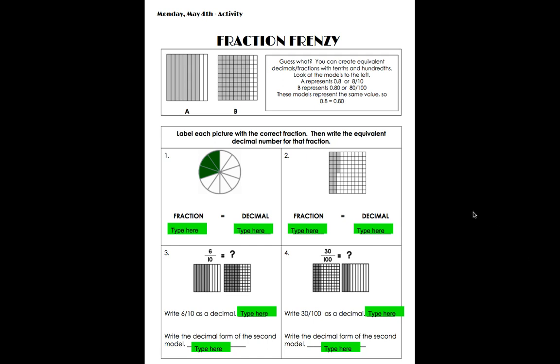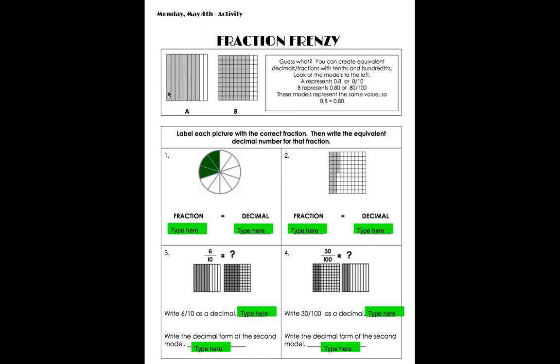Okay, now look at the difference between A and B. What do you notice about how they're split up? Okay, A is split up into tenths. So there are 10 tenths in a hundreds block. Okay, this can represent our block, our square, whatever you want to think of it as.